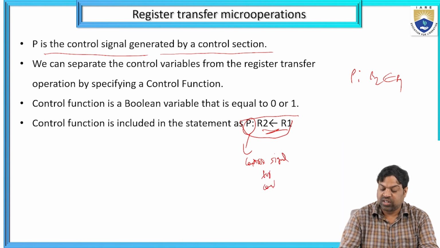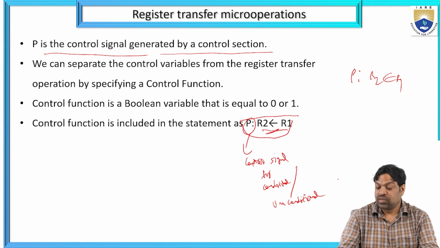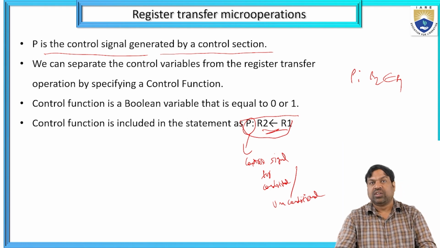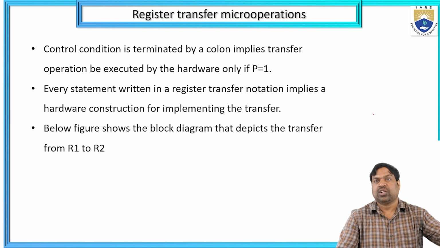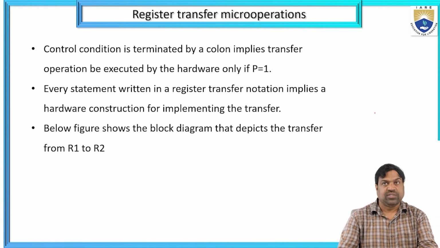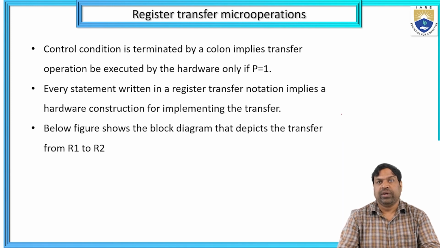For conditional or unconditional. So it is about the register transfer, conditional and unconditional, and the control condition is terminated by a colon, which implies the transfer operation is executed by the hardware only if P equal to 1.